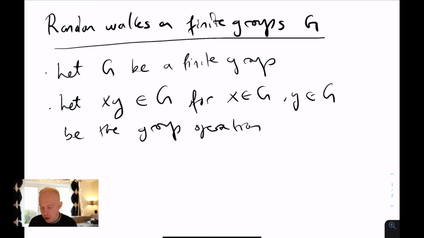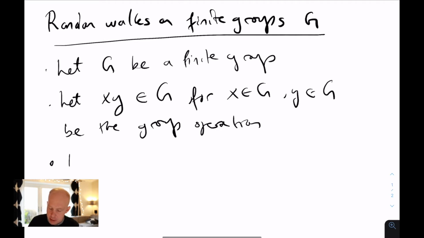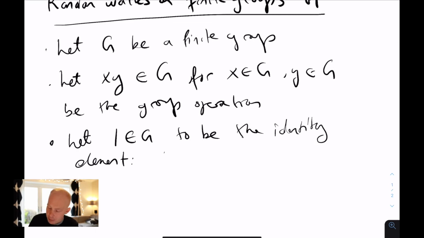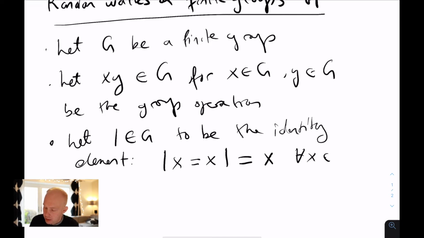And then we let 1 in G be the identity element. That means that if you take 1 and x, from left or right, you get the value x for every x in G. So you can think of this as the identity element inside the group.